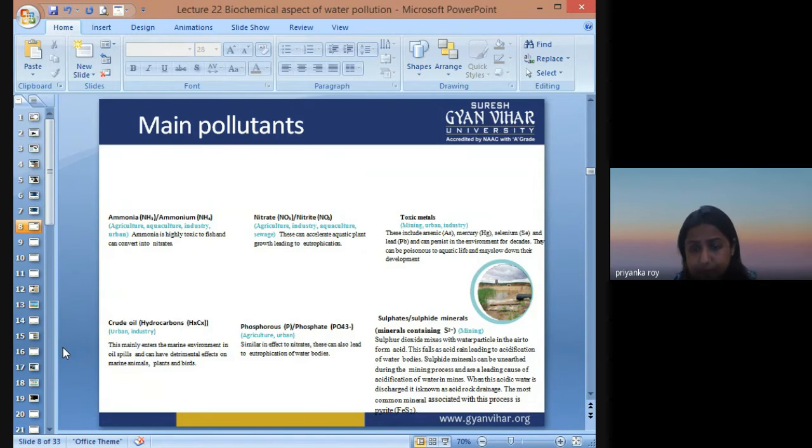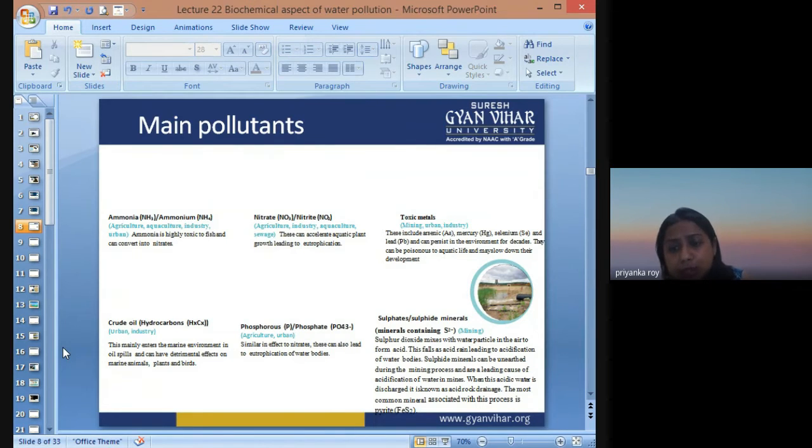population altogether. Then we have sulfate, that comes from mining. So mines containing sulfate minerals, and sulfur dioxide mixed with water particulates in air to form acid, and this falls as acid rain, leading to acidification of water bodies.